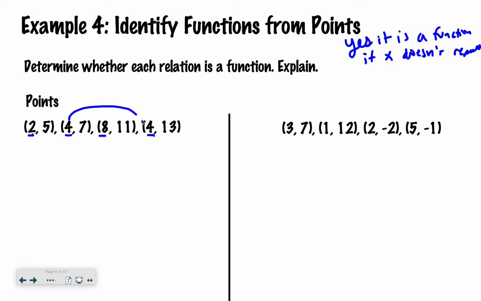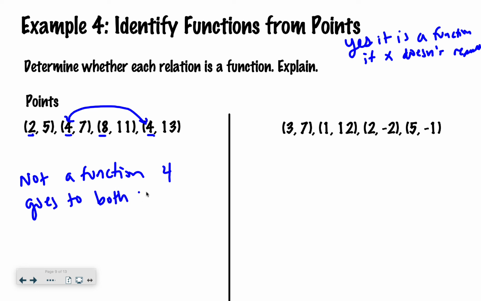So I said 4 twice, so this is not a function. 4 goes to both 7 and 13.